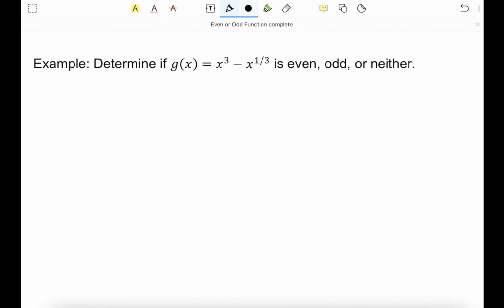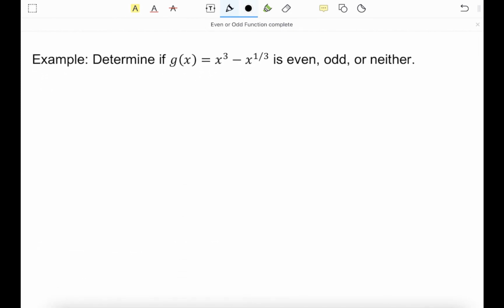Okay, here, determine if g of x is even, odd, or neither. In this case, we have x to an odd power, and then x to, I guess, a fractionally odd power, so in the denominator it's odd.